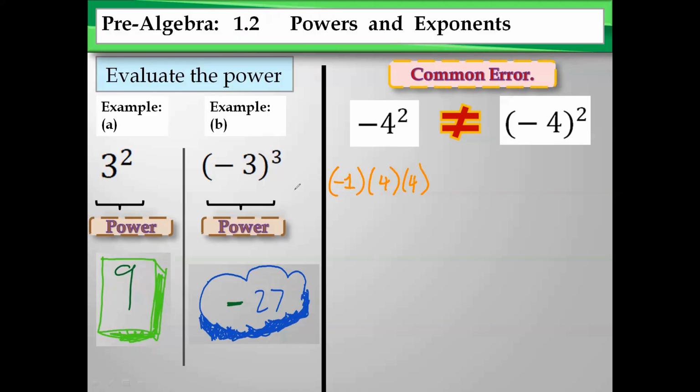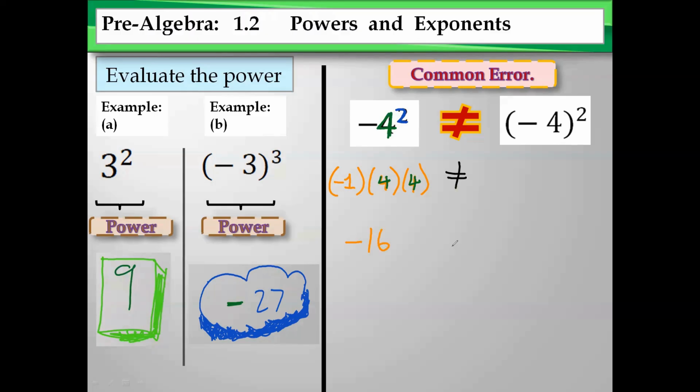The reason for this is because the exponent 2 only directly affects the number right next to it. In this case, it is the 4. Since there are no parentheses to indicate that this 4 is negative, the negative is a multiple on the outside. So on the left, we're going to end up with negative 16.